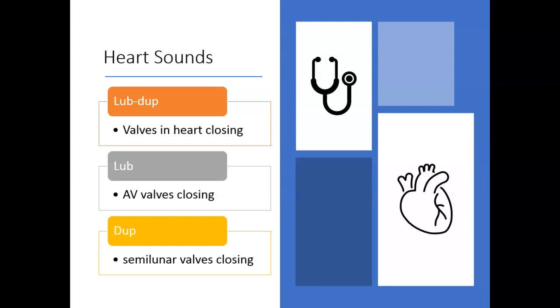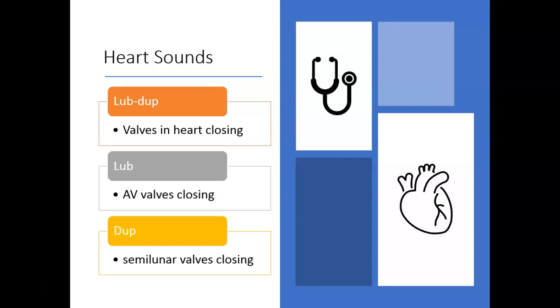When the AV valves are closed, the ventricles are contracting because the ventricles just depolarized. When the ventricles contract, they push that blood from the apex back up toward those AV valves. But the AV valves are pulled closed. And as the blood hits those AV valves, it causes that deep lub sound. So that's what you're hearing with the first heart sound.